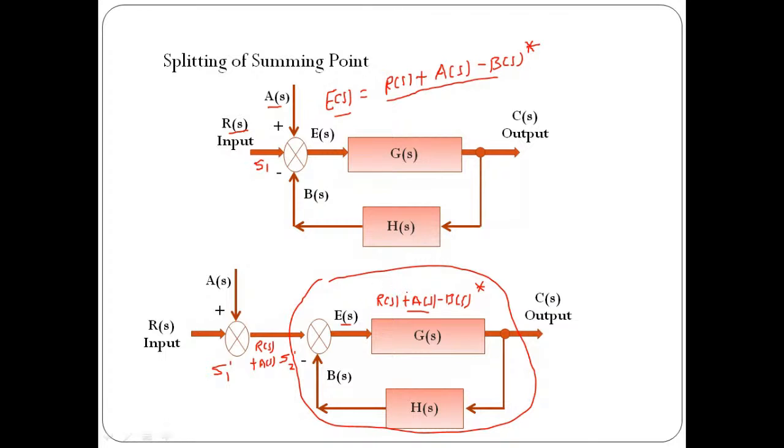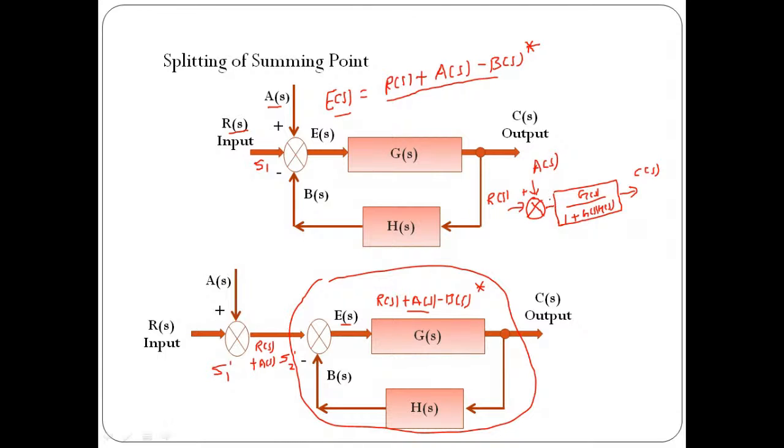Now, this will be a clear picture of elimination of feedback loop. So we can redraw the structure: we have a summing point over here, and to this summing point we apply input R of S, followed by another auxiliary input A of S, and then here we are going to have a block, and the output of the block is going to be C of S, and here we have G of S upon 1 plus G of S into H of S. That is very, very important.